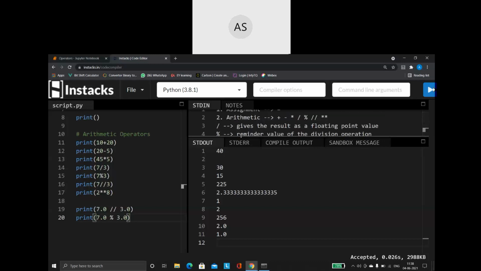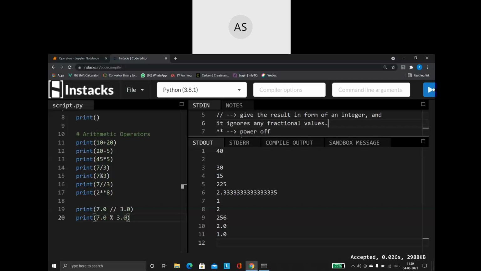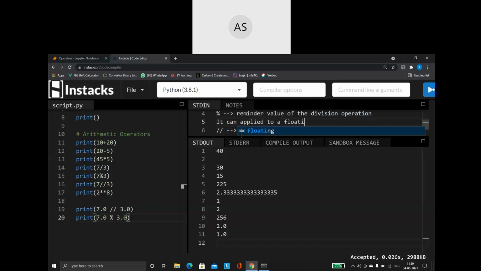So another speciality of my modulo operator is that it can be applied to a floating point data also. So floating point variable.